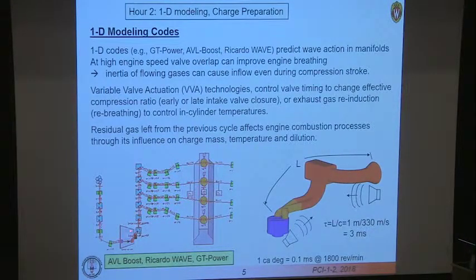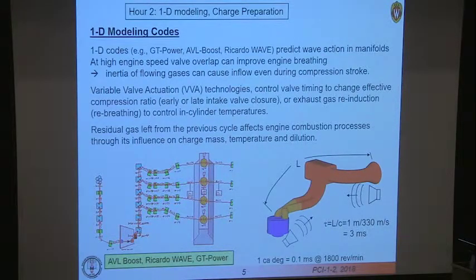Here's a compressor, and this goes back all the way to the atmospheric inlet position. And then you have a similar set of ducts on the exhaust side, and presumably you have a turbocharger.